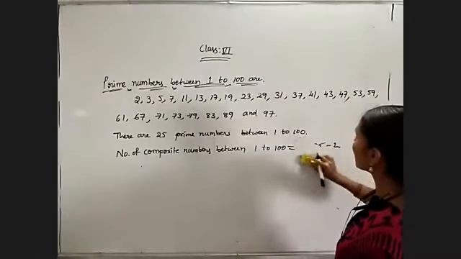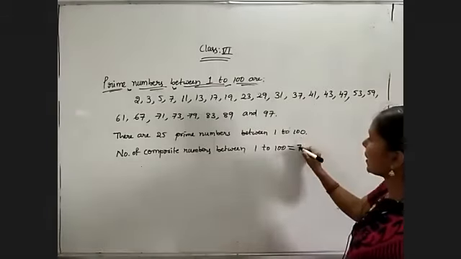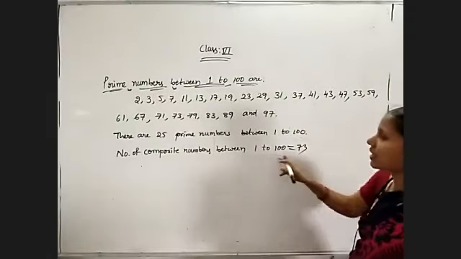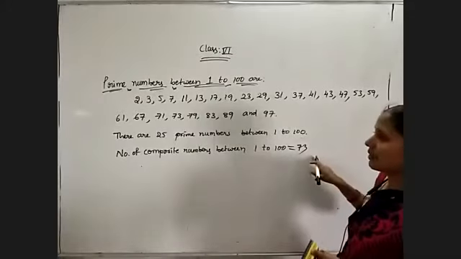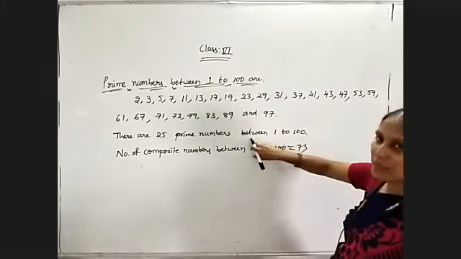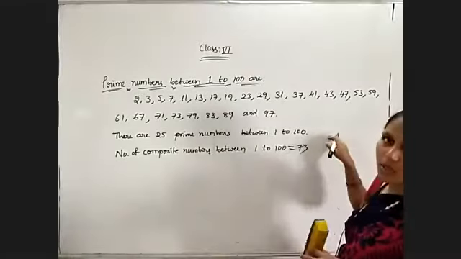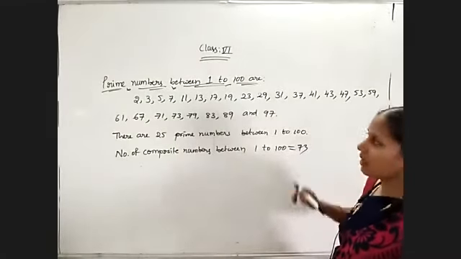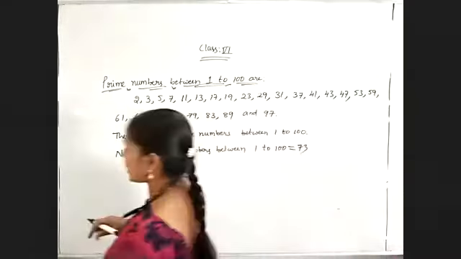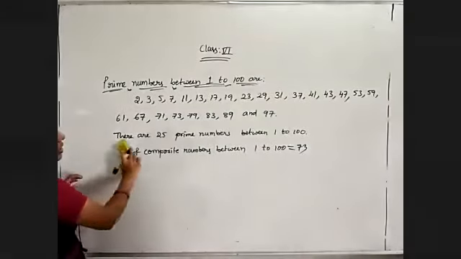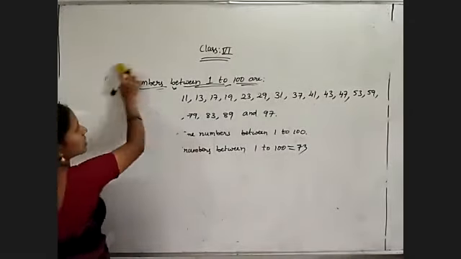No need to do this much, just remember that the number of composite numbers between 1 to 100 is 73, and the number of prime numbers between 1 to 100 is 25. These two are big type questions, remember that. And now coming to the next topic, co-primes or relative primes.